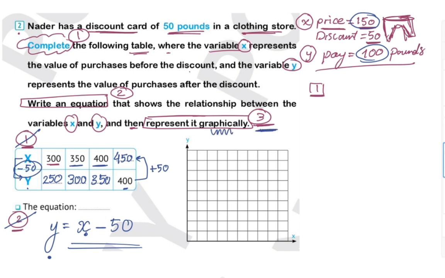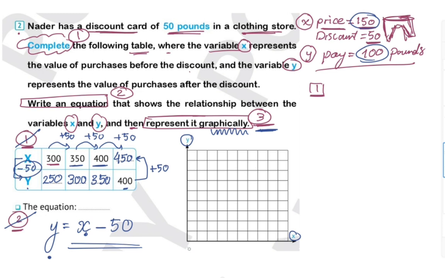Now the last part, question number 3. Represent this relation graphically. Now we have the coordinate plane. Here we have x, we have y. X values here 300, 350, 400, 450. That means I increase by what? Every time by 50. So our scale here will be plus 50.